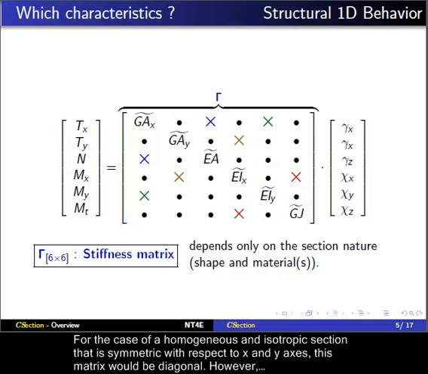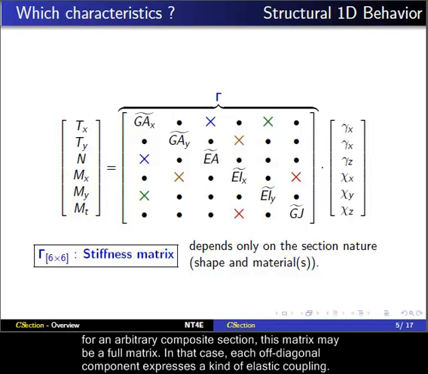For the case of homogeneous and isotropic section that is symmetric with respect to X and Y axis, this matrix would be diagonal. However, for an arbitrary composite section, this matrix may be a full matrix. In that case, each off-diagonal component expresses a kind of elastic coupling.